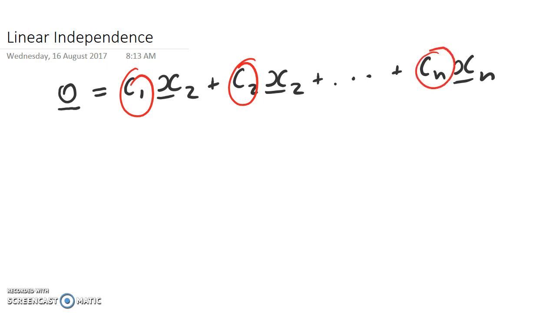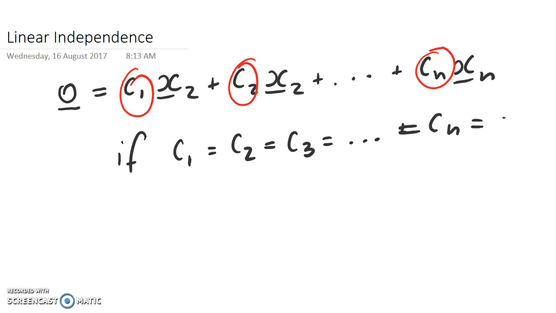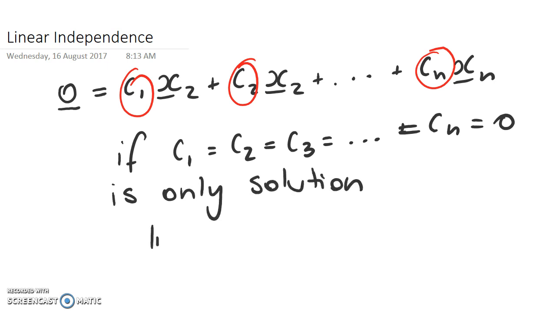If there is any way that we could make any of these c scalars non-zero, then we say we have linear dependence. Okay, so if c1 equals c2 equals c3, right up to cn, if they all equal 0, and that's the only solution, that means we have linear independence.